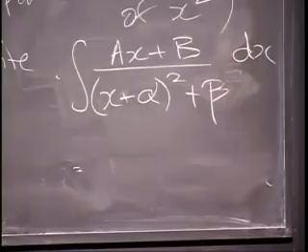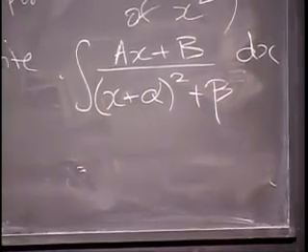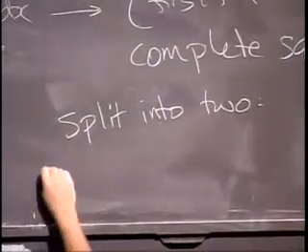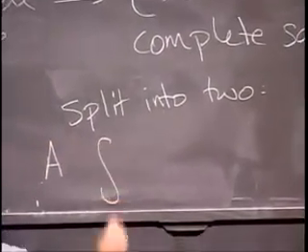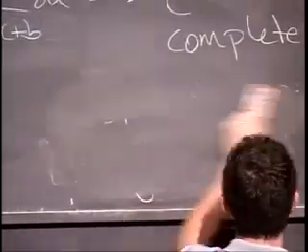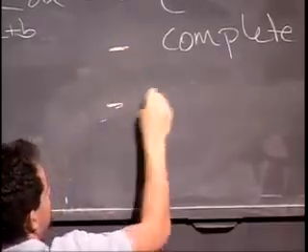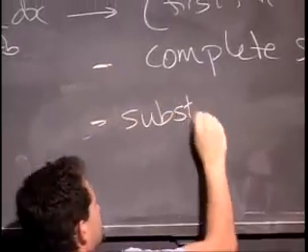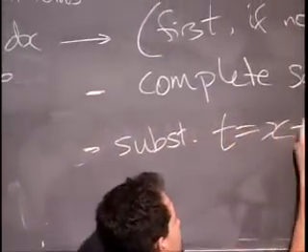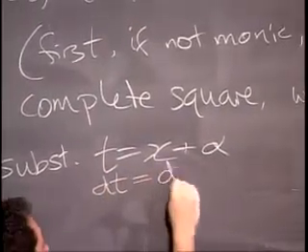Then split up into two integrals. The first one looks like, oh no, I've missed a step. I must have lost my meditation. The next step is to substitute t equals x plus alpha, whatever that happens to be, and then dt is dx.